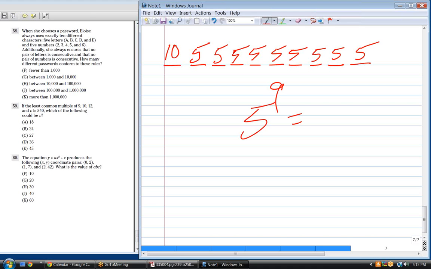It says more than 1 million, so I don't think that's right. Well, no, hold on. Look at the answers. Now, we have to take this 5 to the 9th and multiply it by 10. So even if 5 to the 9th is over 100,000, we know our answer. It's K.